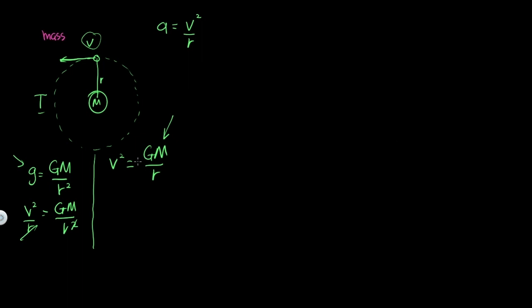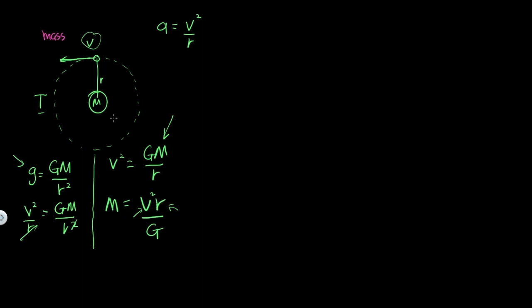Because we want to find the value of mass. So M equals v squared r divided by G. Now we have mass in terms of linear speed and radius.